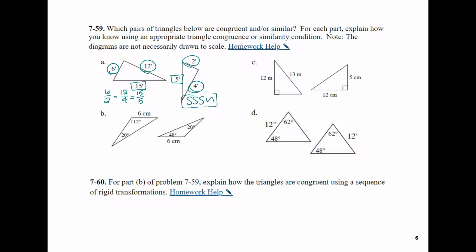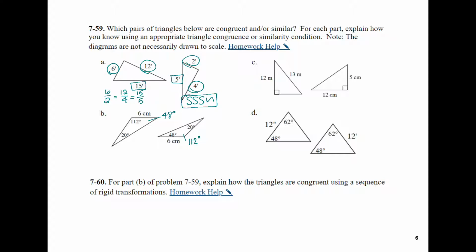Looking at example B, I noticed that the degrees of the angles of my triangles are listed. So in order to find the missing degrees, I can subtract from 180, and this triangle is missing a 40-degree angle, and this triangle over here is missing a 112-degree angle.